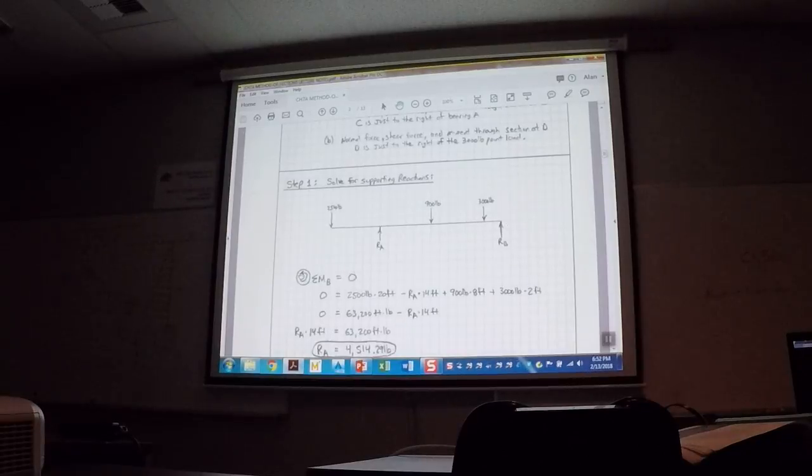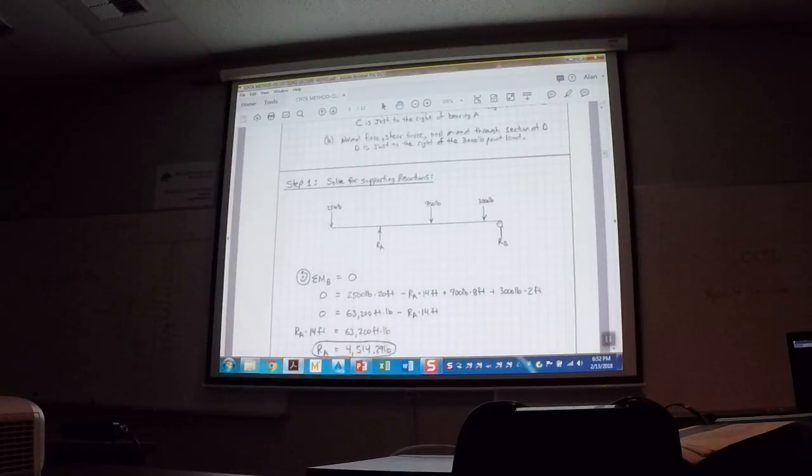So that is why I decided, and notice that I showed this as a positive moment, in right-hand rule positive. Summation of moments about B. The reason why I took it about B is that force goes right through B, and if you take a force times a 0 moment arm, it's 0 and it falls out.